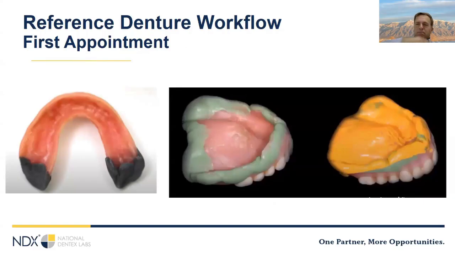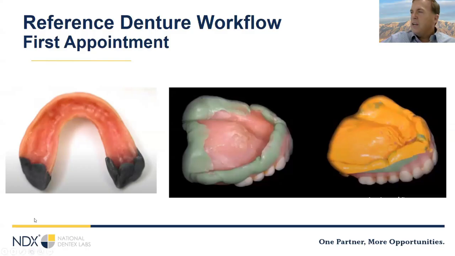So if you want to do a fully digital workflow and your scanner can scan soft tissue, you can scan soft tissue, do a bite block, that sort of thing. But we find the best results with a reference denture, because one of the challenges with scanning is that you don't get the effect of border molding. So oftentimes the scans aren't really mucostatic because the wand is moving the tissues and not creating exactly what you want.